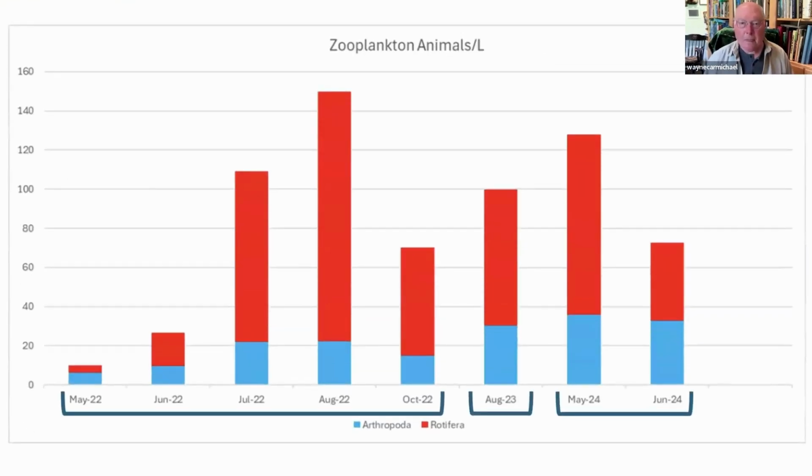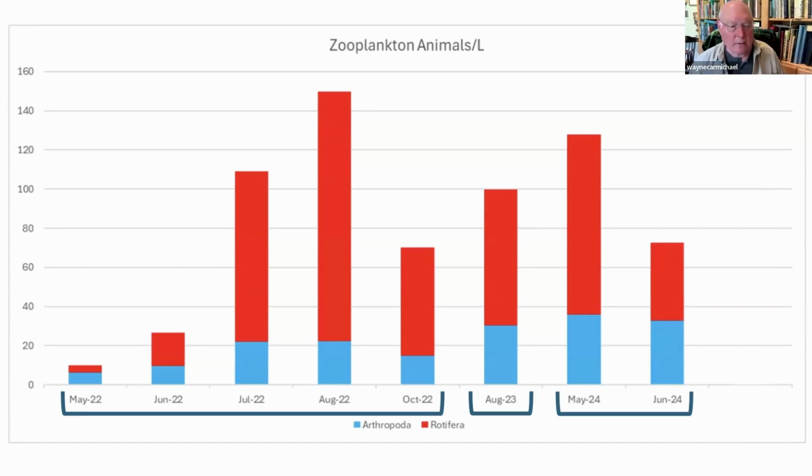Along with that improvement in the good algae, green algae and diatoms, is an improvement in the zooplankton. In this case, total number of animals, arthropods and rotifers, arthropods being much larger, they're the insects.